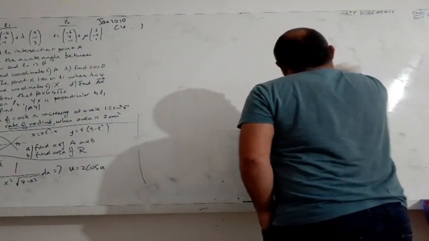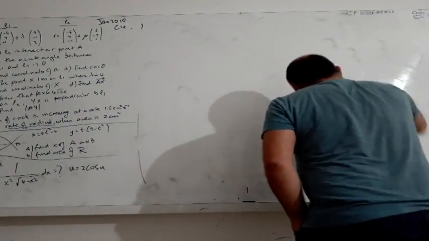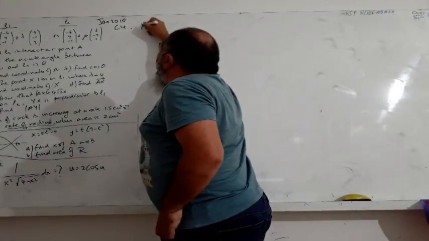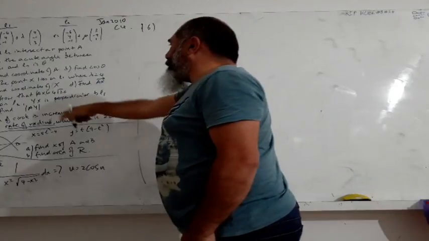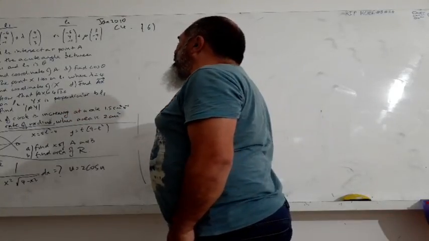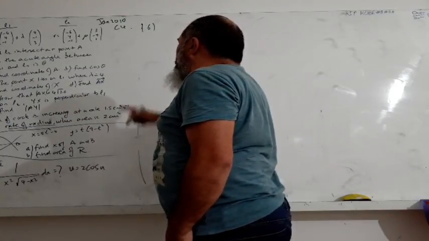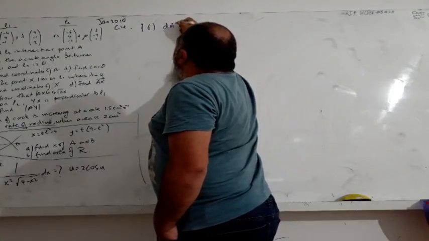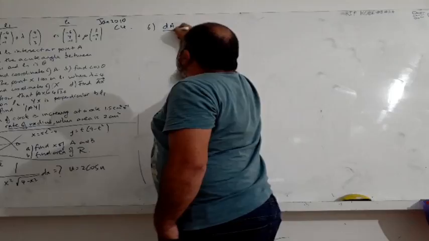Let's read question 6. Area of a circle is increasing at a rate of 1.5 centimeters squared per second. So dA over dt is equal to 1.5.